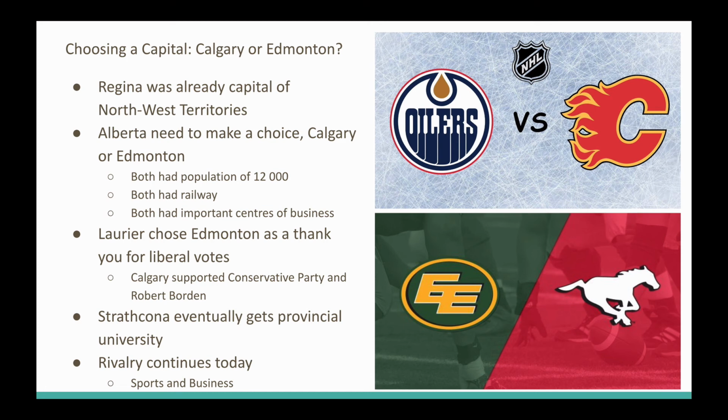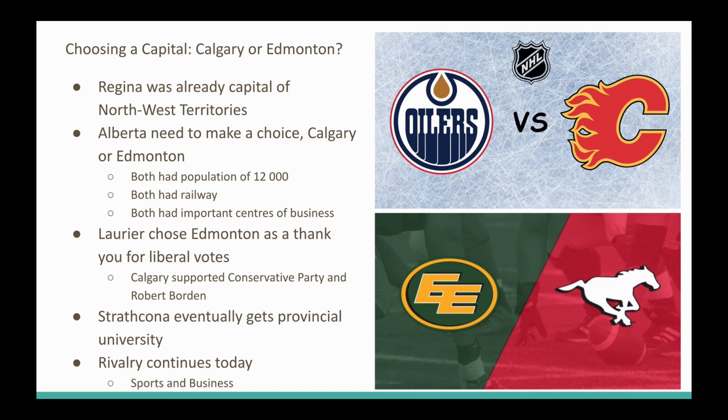So Laurier, the prime minister at the time, he chooses Edmonton as the capital city to thank the Liberal voters who voted for him. Calgary, on the other hand, they supported Robert Borden, who was a conservative. So to kind of make the conservatives of Calgary upset, Laurier chooses Edmonton.